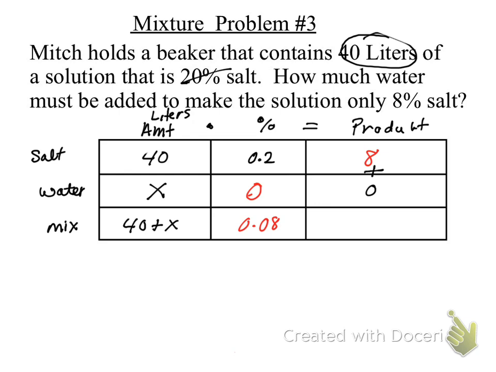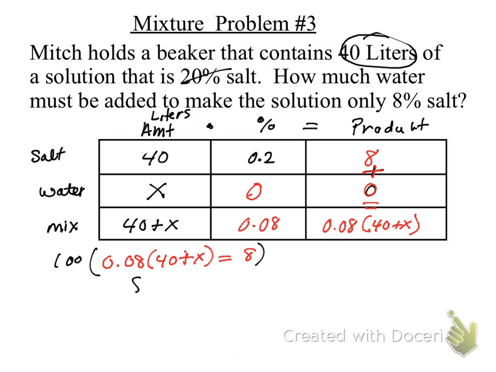Remember, we're adding going up and down, and this is 0.08 times 40 plus X. So we get 0.08 times 40 plus X equals 8. I'm going to multiply by 100. I get 8 times 40 plus X equals 800.